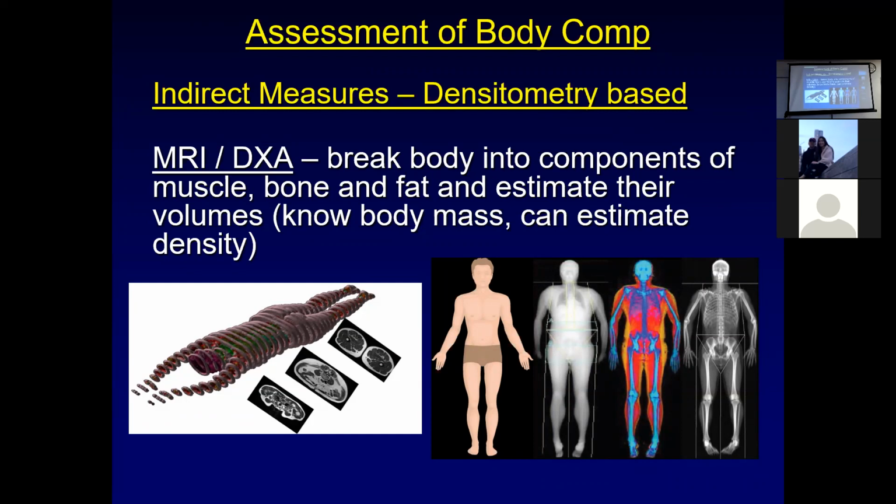And so what DEXA gives us is fat or adipose tissue. It gives us lean tissue, which is muscle and water and internal organs. And then it gives us bone.